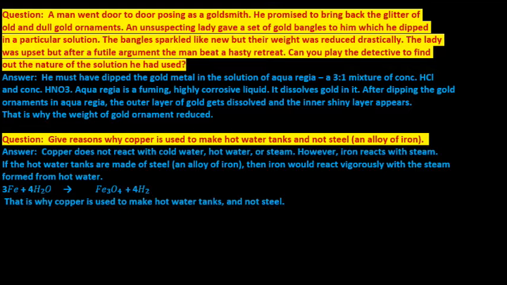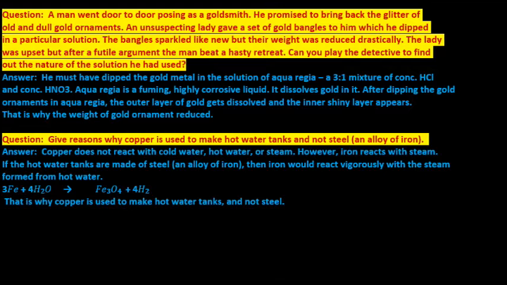He must have dipped the gold into a solution of aqua regia, a 3 to 1 mixture of conc HCl and conc HNO3. Aqua regia is a fuming, highly corrosive liquid.